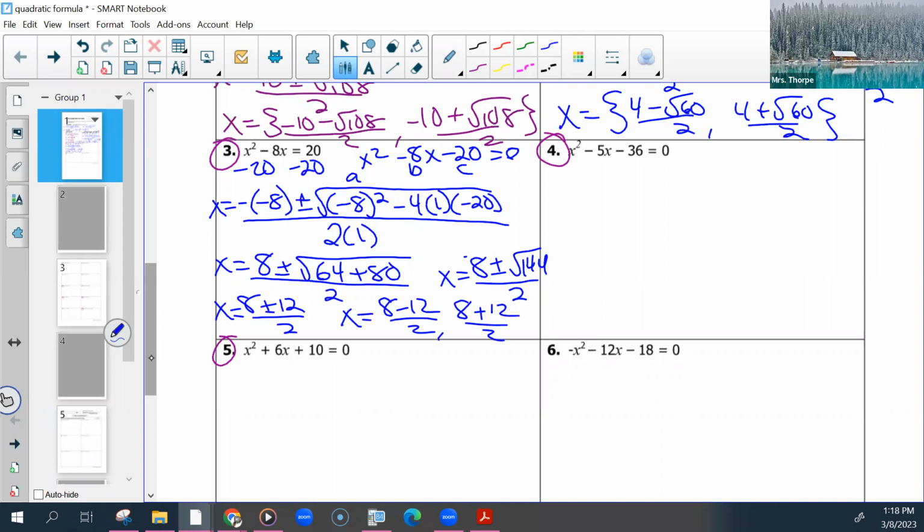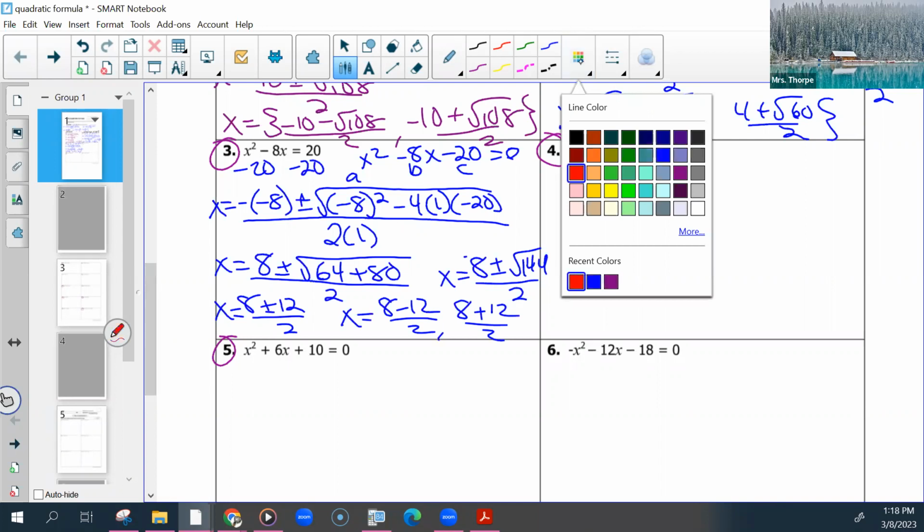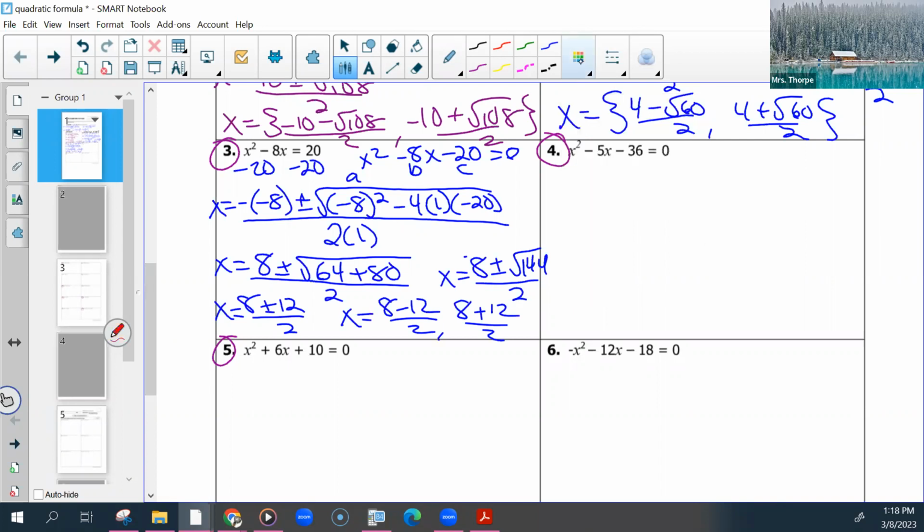And I'm gonna continue this on the side because you're in space. So the 8 minus 12 would give us -4. It would still be over 2, or you can put this all in after you separate it and simplify all together. 8 plus 12 would give us 20.